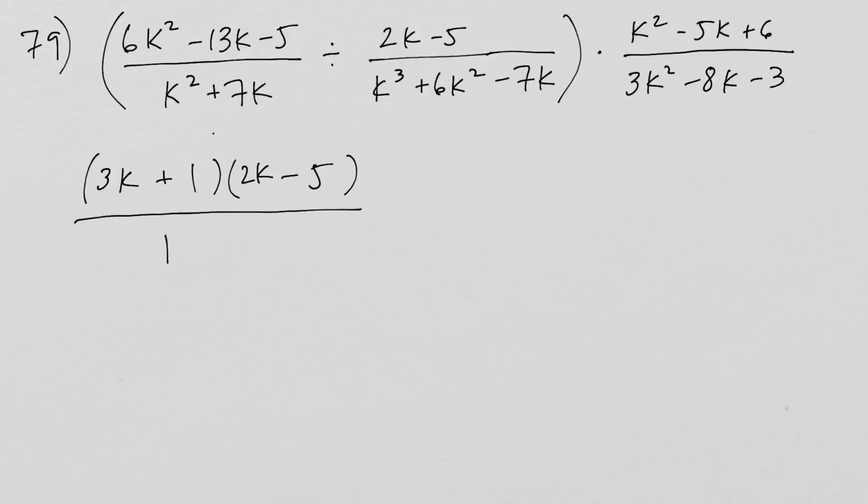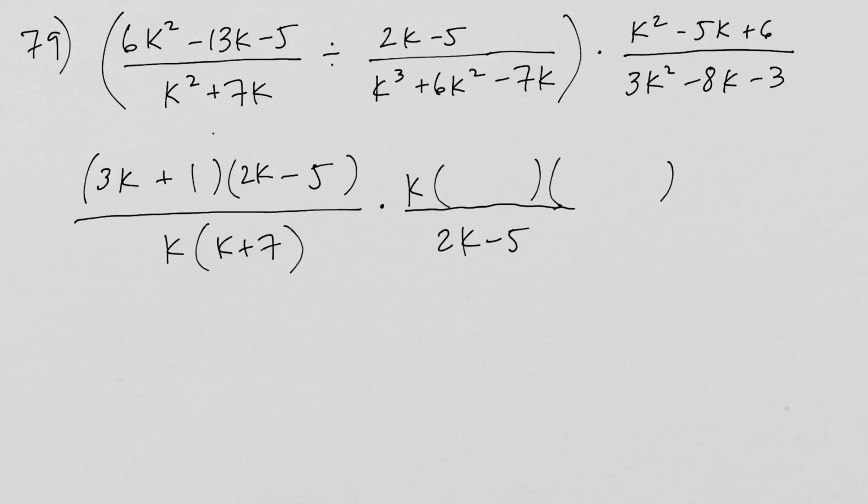Over in the bottom, we'll factor out a k. Then I'm going to change this to a multiplication and flip this upside down. So I'll put my 2k minus 5 on the bottom, and I'll factor out a k, and then I'll be left with, let's see, this is like a k times k squared plus 6k minus 7. So this is going to be a k and a k. I'll have a plus 7 minus 1.